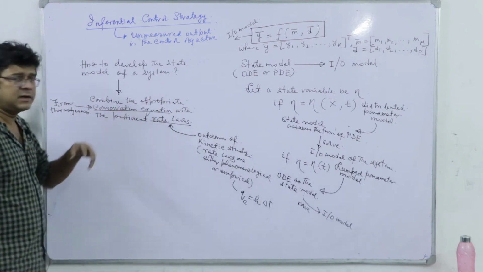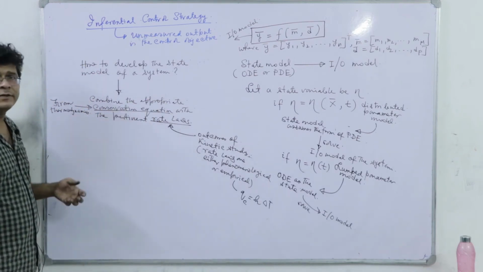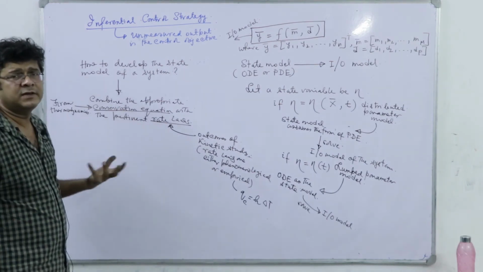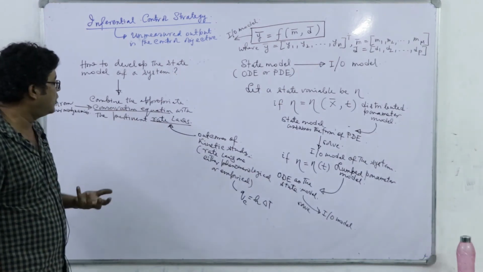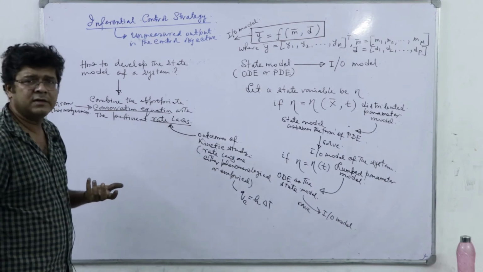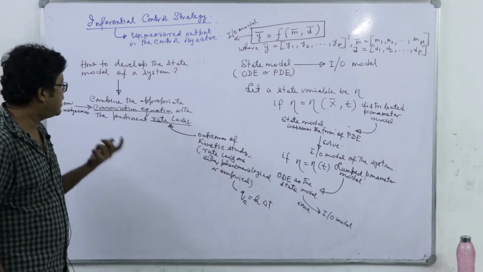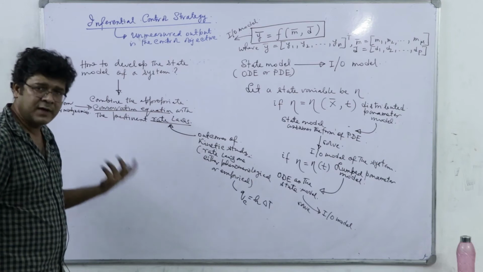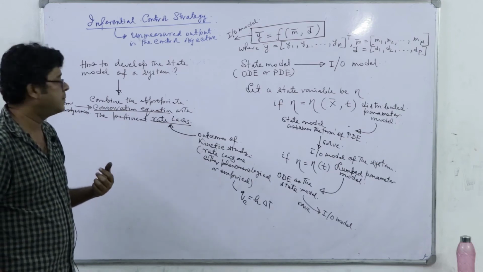Whereas, conservation equations are not empirical, like conservation of mass, it is a universal physical rule, right. Conservation of momentum, which is via this Newton's law. Then conservation of energy, which is the first law of thermodynamics, okay.